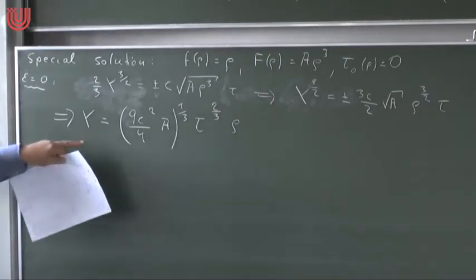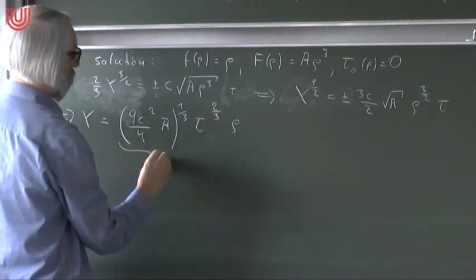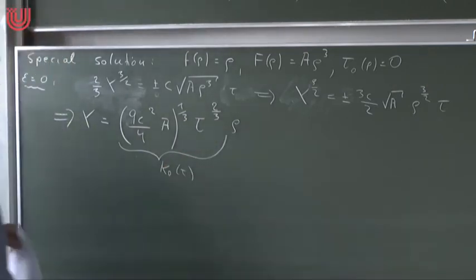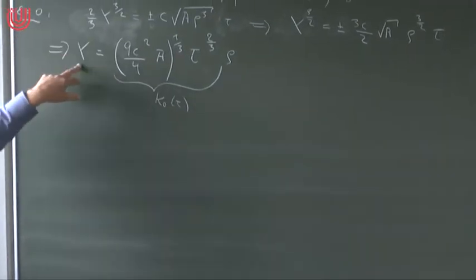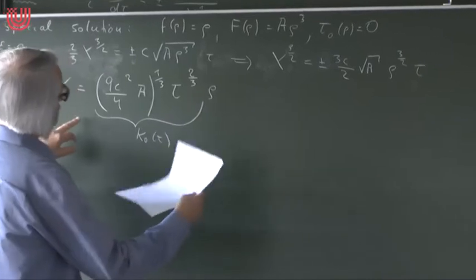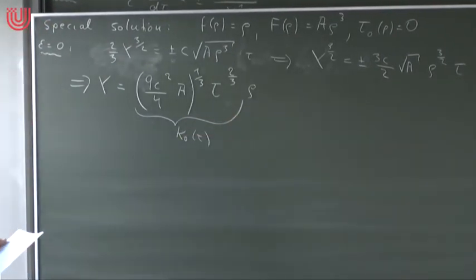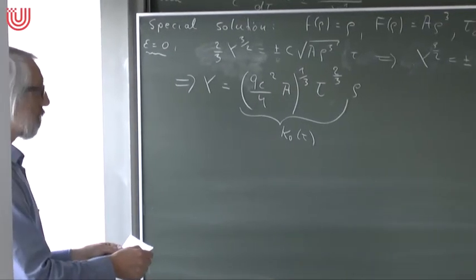So you see y is a factor which depends only on tau times rho. Let me call this factor k0 of tau. So you see it satisfies a separation ansatz: a function of tau only times a function of rho only.